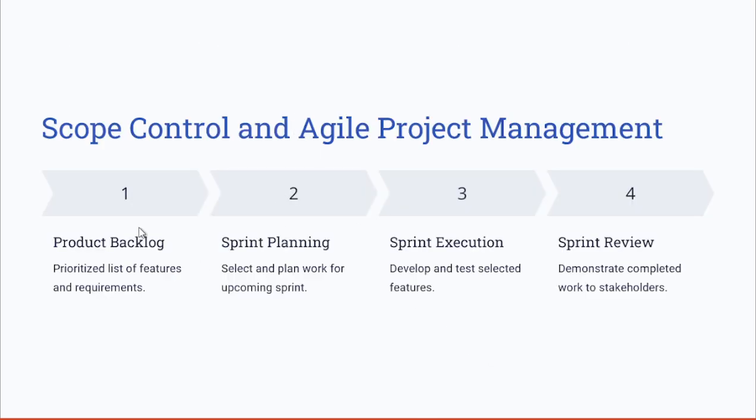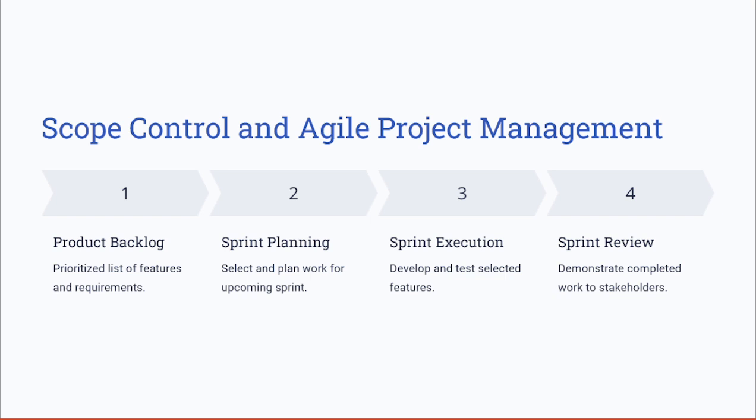Now let's look into how you control the scope in Agile project management. Agile projects embrace flexibility and have dynamic flexibility in scope through conducting iterations. Unlike the traditional project, Agile projects use incremental development to accommodate changes dynamically.